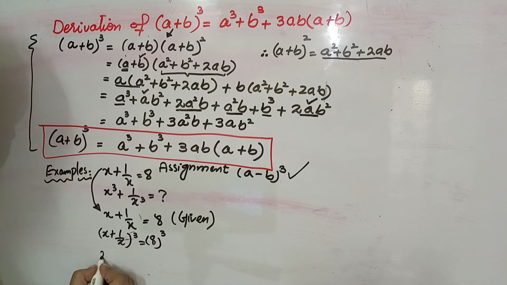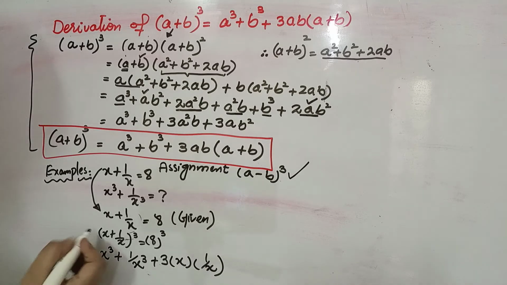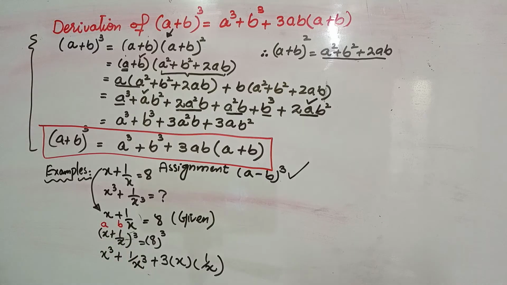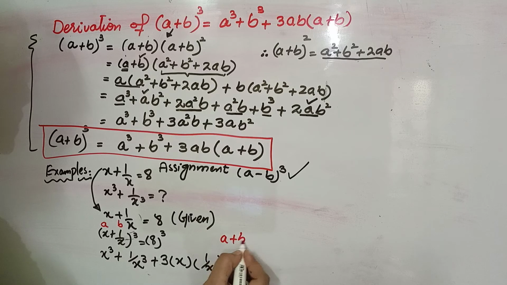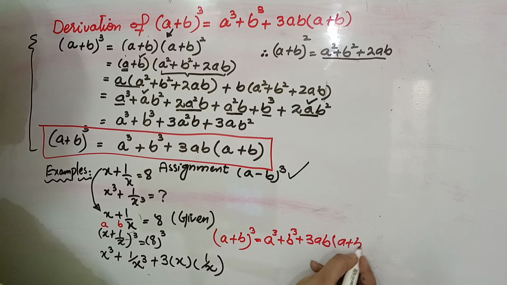So if I am going to evaluate it, this is x^3 + 1/x^3 + 3 into x into 1/x. Let us consider x in the place of a and 1/x in the place of b. So when we are having (a+b)^3, that is equal to a^3 + b^3 + 3ab(a+b).